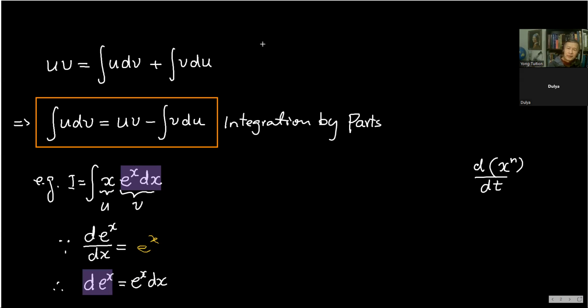So this is the first step. What we do, we just knowing that this is the case, therefore, we can rewrite this as x d(e^x). Nothing changed. Can you see that? Anything change? Nothing changed, right? Because of the differentiation, we have to remember this idea.